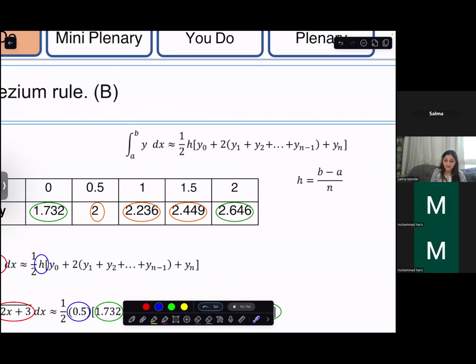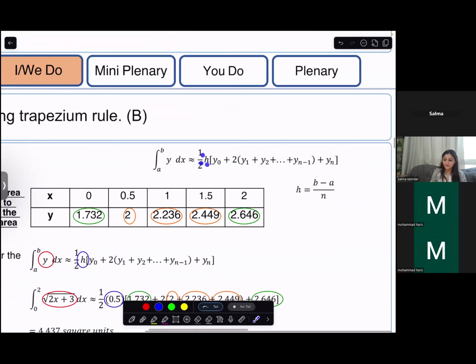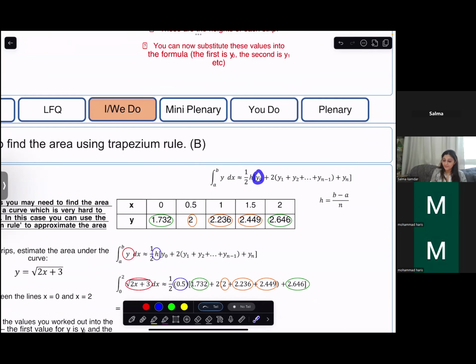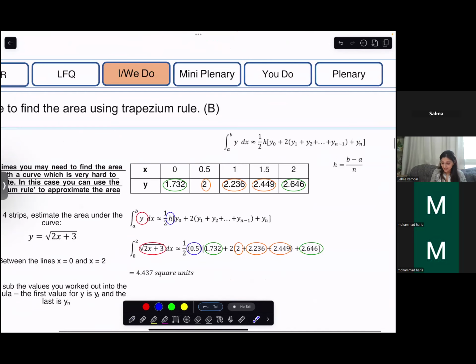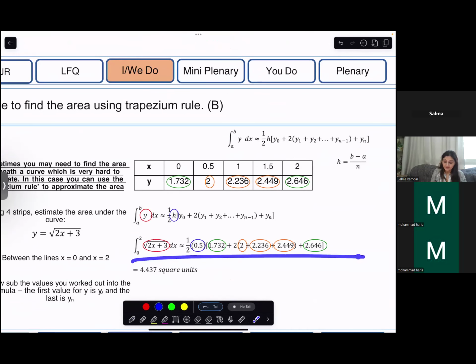Half height, y0, this would be your last value y, and you're going to write this formula first. And 2 times this plus this plus this. If you don't remember this formula, you can directly substitute the values. Showing this is a must. And the answer would be 4.437.